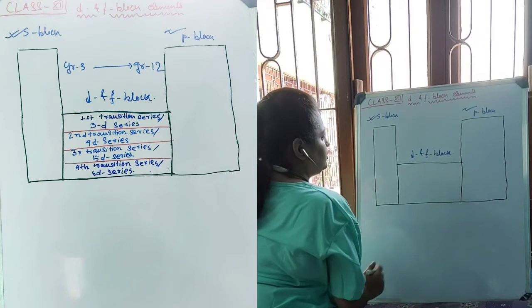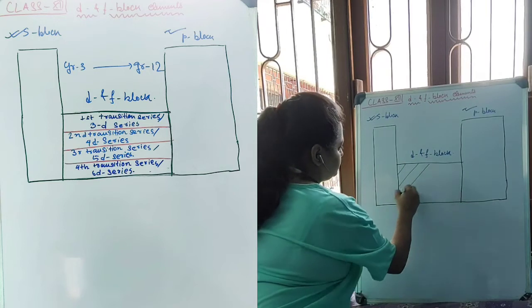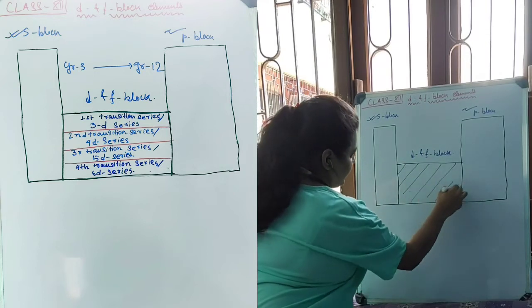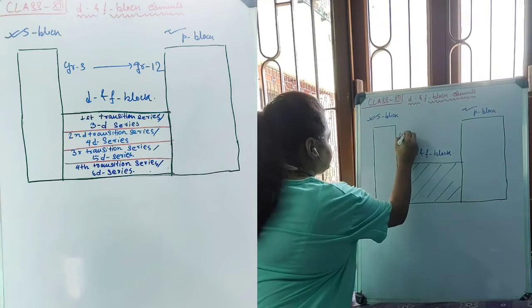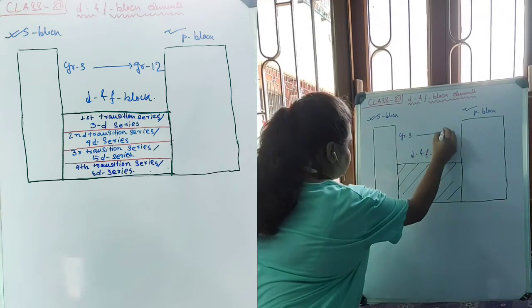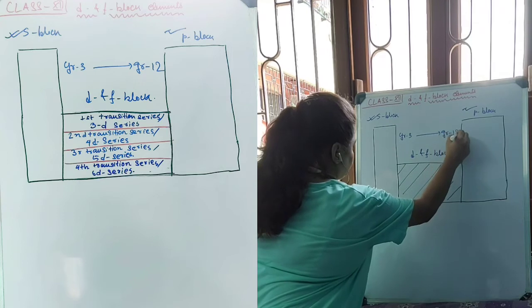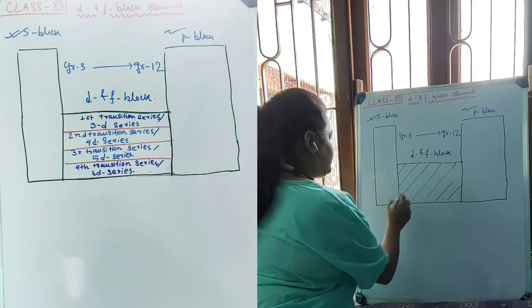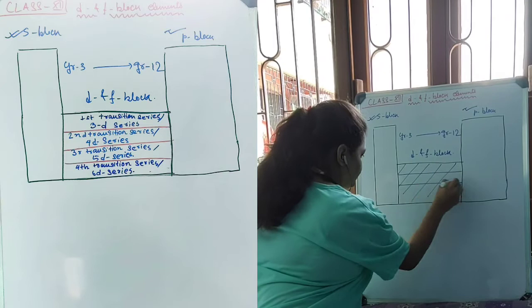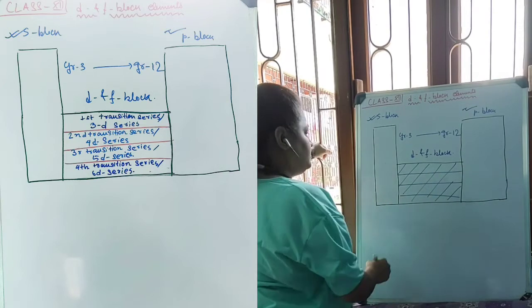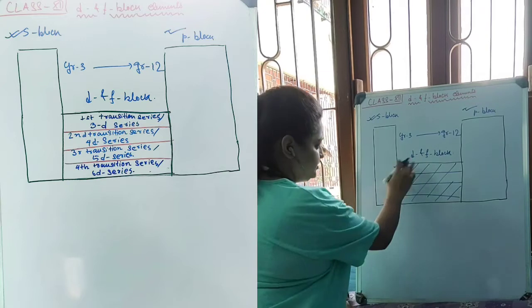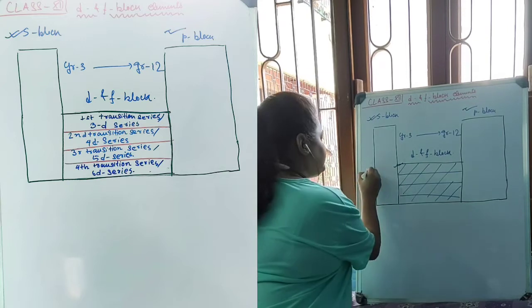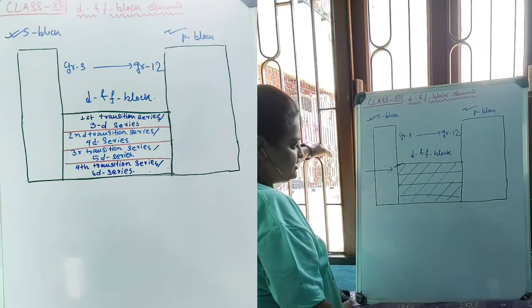Leaving these two blocks, there is another block which is known as D and F block, which comprises group 3 to group 12 and also comprises 4 periods. The first period in the D block element is known as the first transition series.